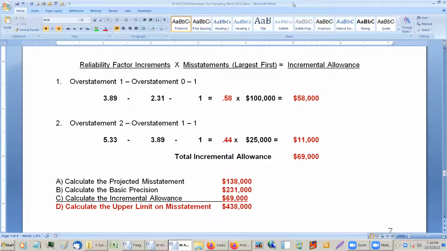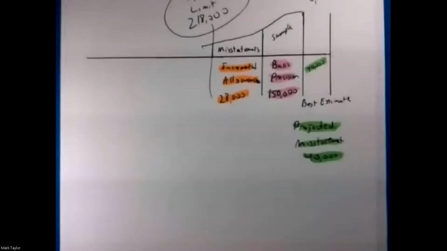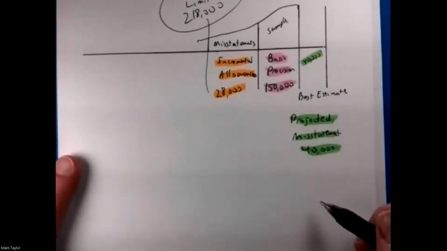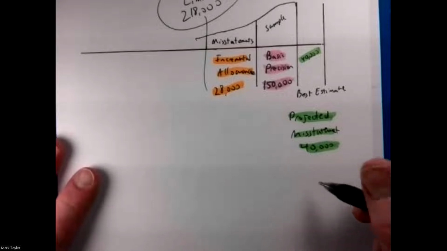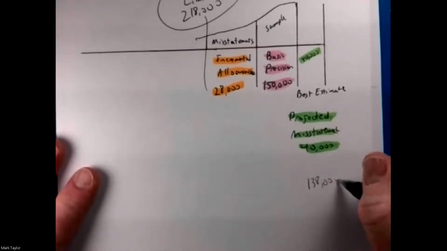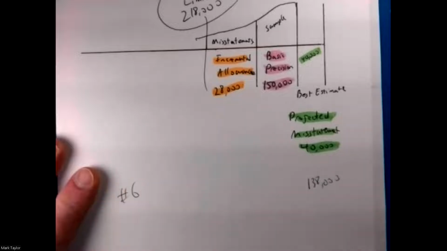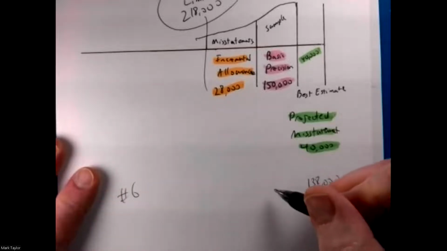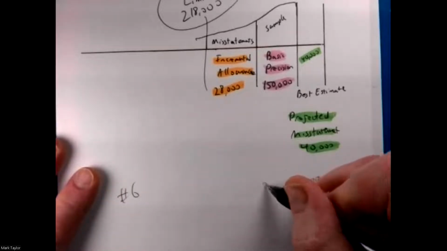So this would be our estimate of what it was off by, 138,000. The second one, this is number 6. The basic precision was 231,000.